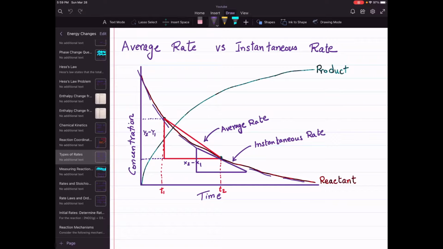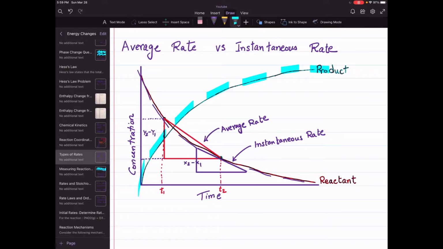If you look at the products, the same is happening with the products as well. If you look at the graph initially, we have a steep curve, then less steep, and less steep again. The steepness of the curve is declining, indicating the same information that we got from the reactant graph. Initially, in the beginning, the reaction rate was the highest.